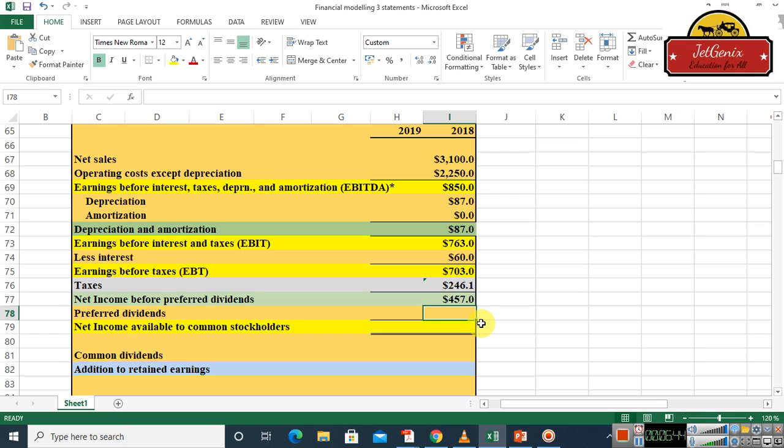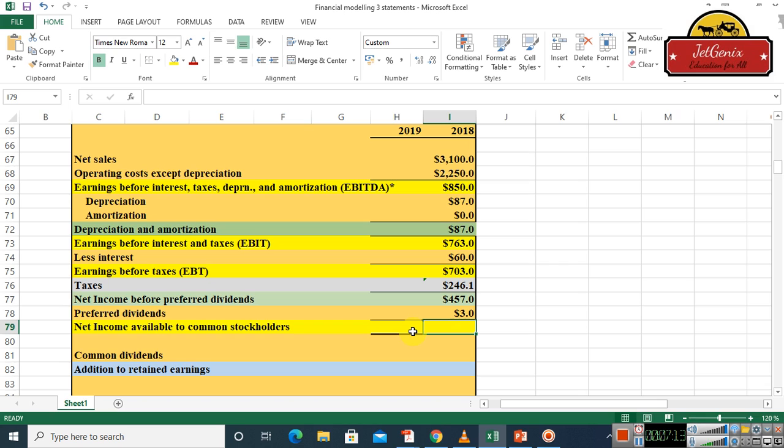Now let's assume we are gonna pay the preferred dividend of $3 per share. So net income available to common shareholder will be calculated as net income before preferred dividend minus preferred dividend, that will be equivalent to net income available to stockholders.